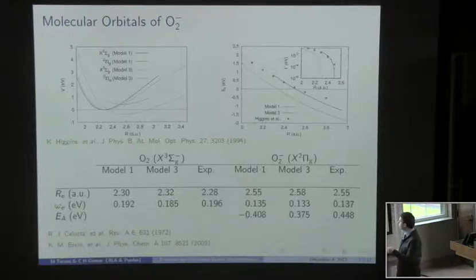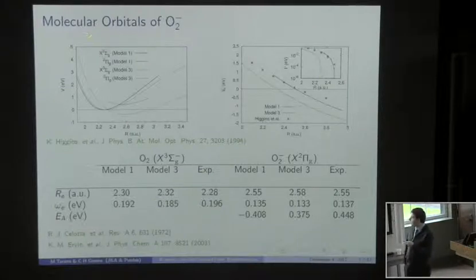Here you can see the comparison for different internuclear distances for different geometries. You can see that model number 1 actually cannot really yield the bound state of O2 minus, while this model based on anionic orbitals can reproduce it rather well. Here you can see the comparison of the electron affinity with the experimental value.